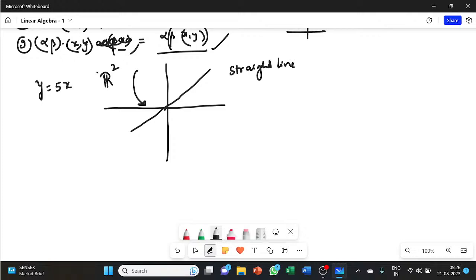Don't you think that this particular set V, which was given by (x, y) where y is related to x by 5x, is a subset of R square?